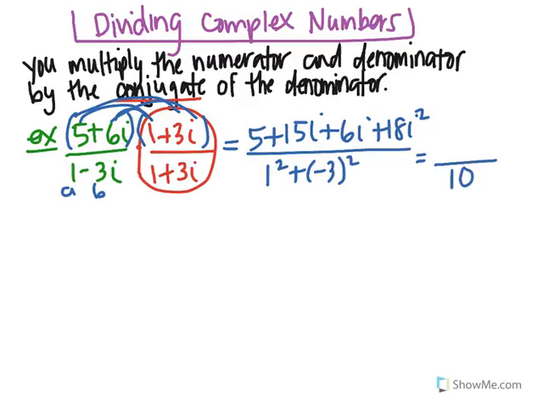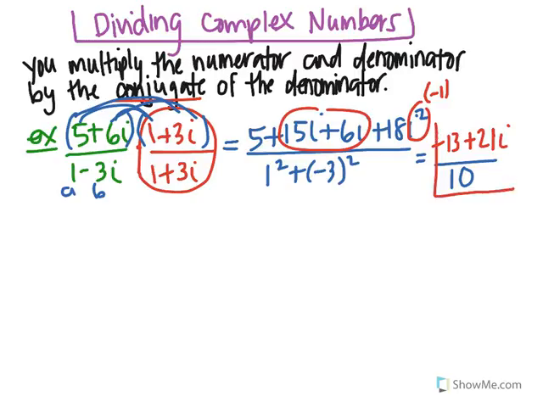The numerator, I can go ahead and simplify. I'm going to replace i squared with -1. So I end up getting 5 minus 18, so I end up getting -13, and then I can add these two right here to get plus 21i.